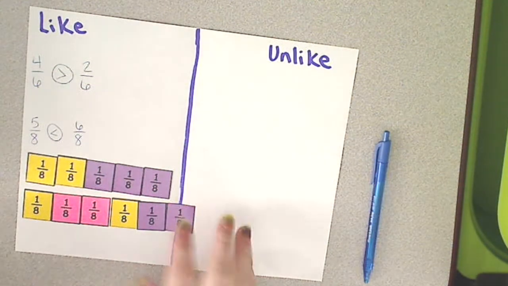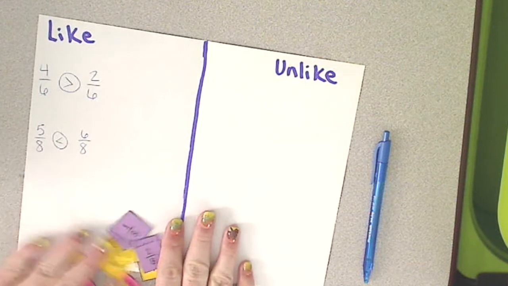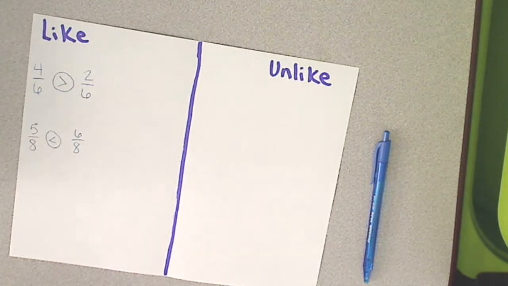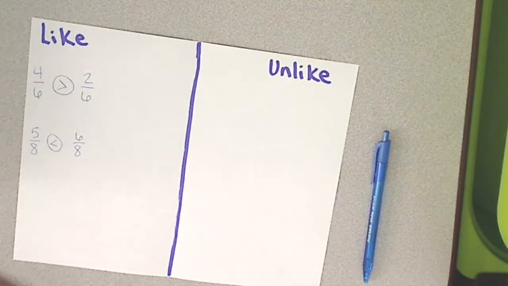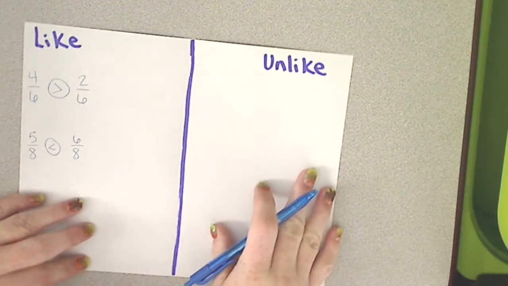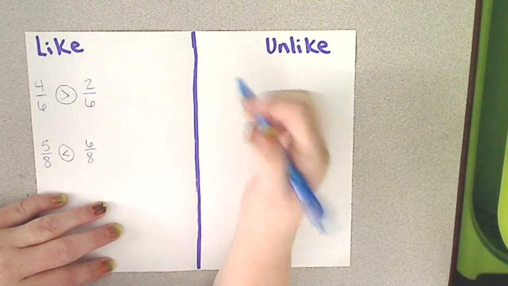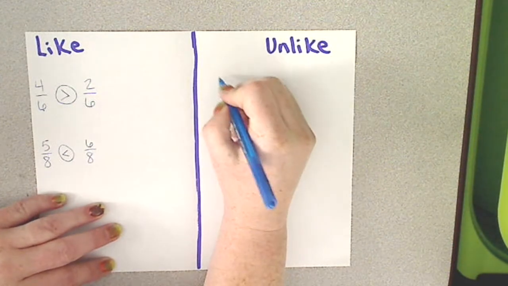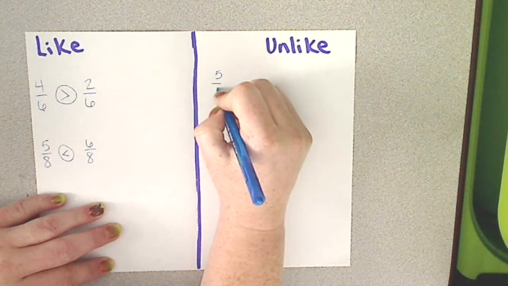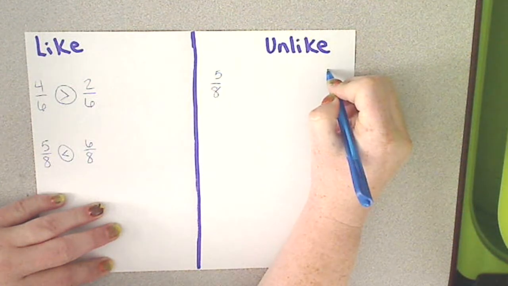Easy peasy. Now let's start getting into something that's a little more difficult, that we need to start thinking about the whys behind that cross multiplication. So I'm going to clear out the mess that I've made here with all of my fraction pieces. And now we're going to look at these unlike denominators. The first problem we're going to focus on is comparing 5/8 and 2/3.